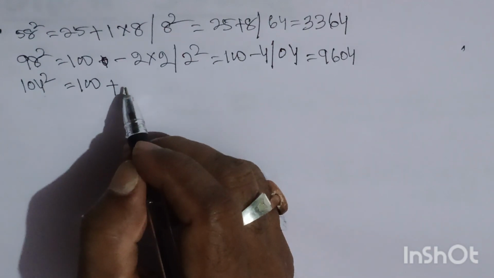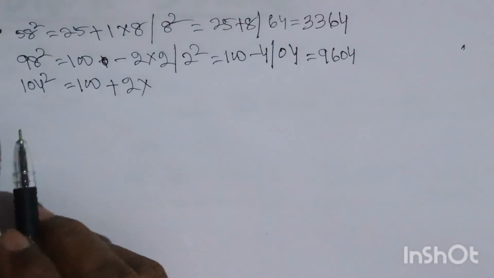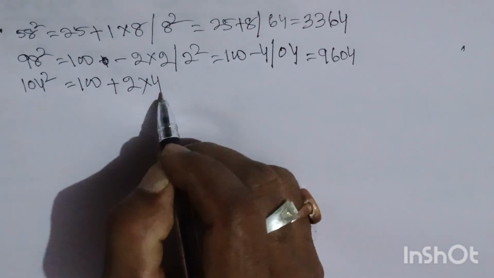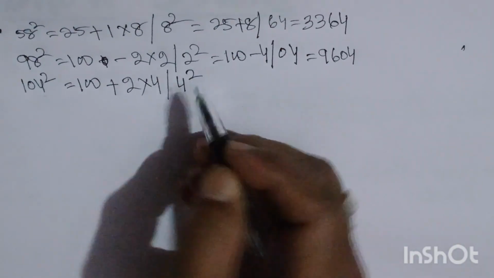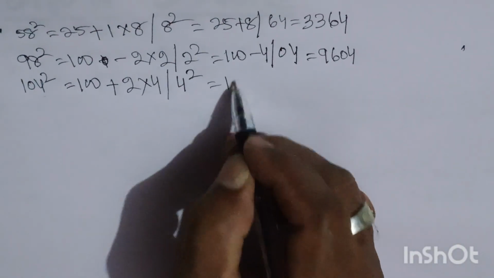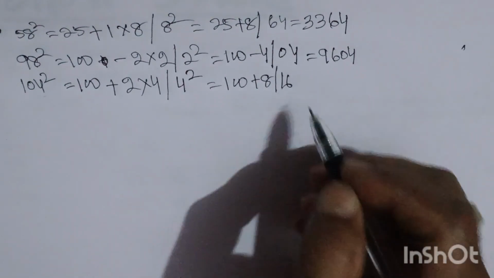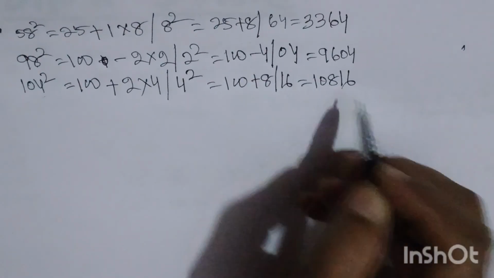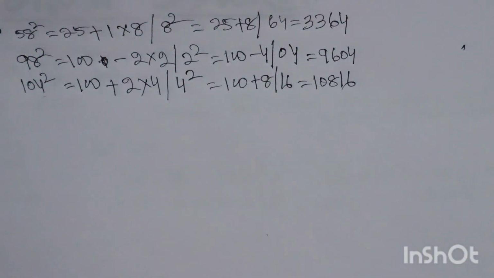Then the serial number of the level is equal to 2, into difference between 104 and 100 is equal to 4, oblique difference square, 4 square, is equal to 100 plus 8 oblique 16, is equal to 10816. So 104 square is equal to 10816.